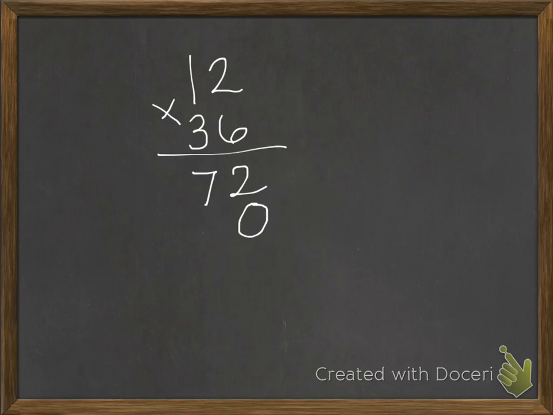Now that I do that, I can multiply 3 times 2, and what I'm actually doing is, because this 3 is in the tens place, 3 tens is 30, so what I'm really doing is 30 times 2, which is 60. And look what I just wrote down. So that's why we have to write that 0 placeholder there, to represent that what we're actually doing is 30 times 2, or 60. Now that I've done 3 times 2, I can multiply 3 times 1, which is 3.